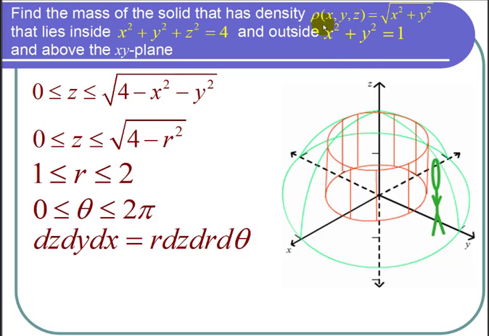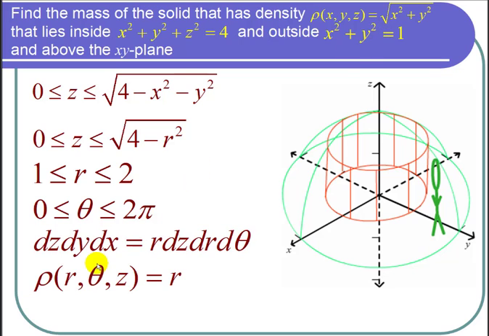And then finally the density, rho of xyz, is the square root of x squared plus y squared. But the square root of x squared plus y squared is just r. So I can say that the density function of r theta z is equal to r.